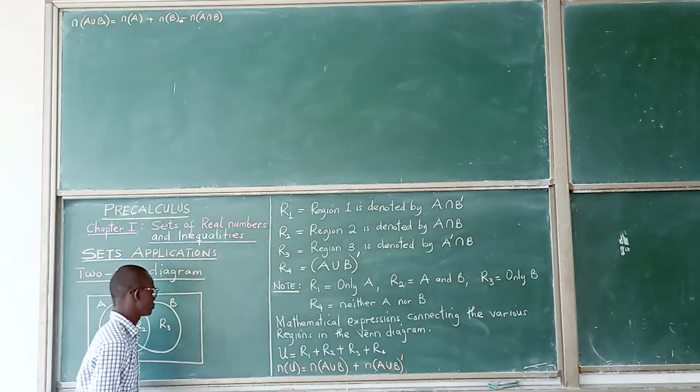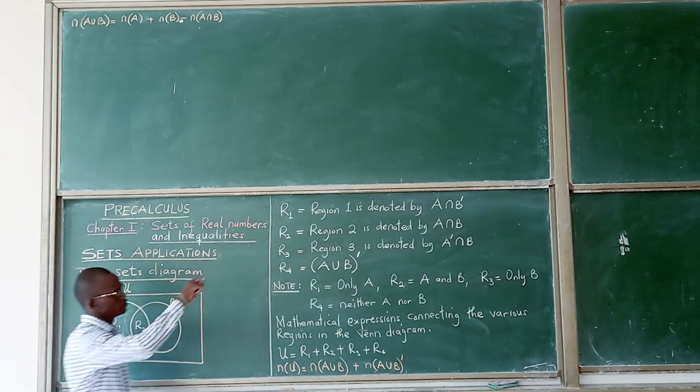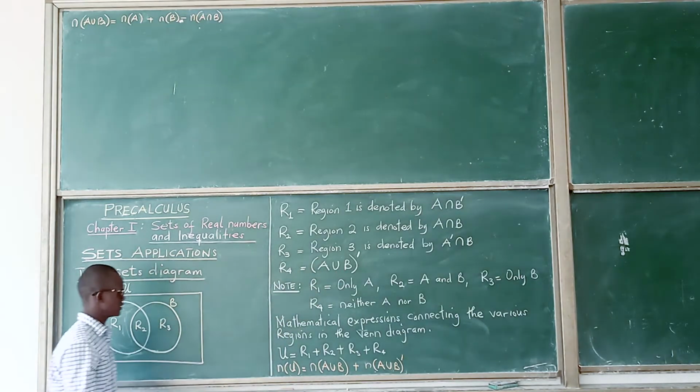Now, what is region 1? We said region 1 is denoted by A intersect B prime. What does that mean?